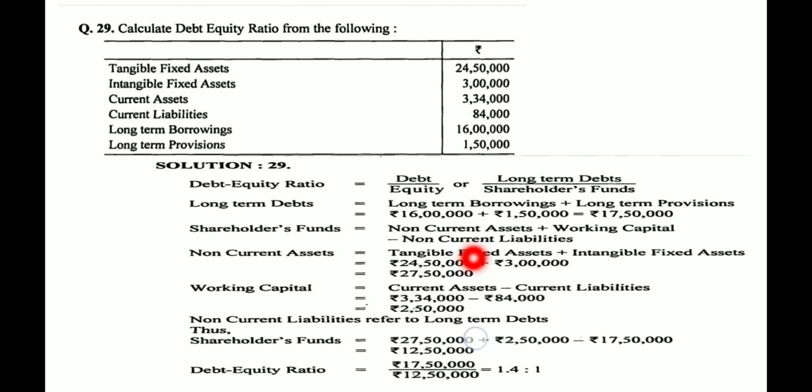Okay, tangible assets plus intangible assets, non-current assets, working capital is current assets minus current liabilities. It is calculated here in a very significant way. You can easily use this solution.